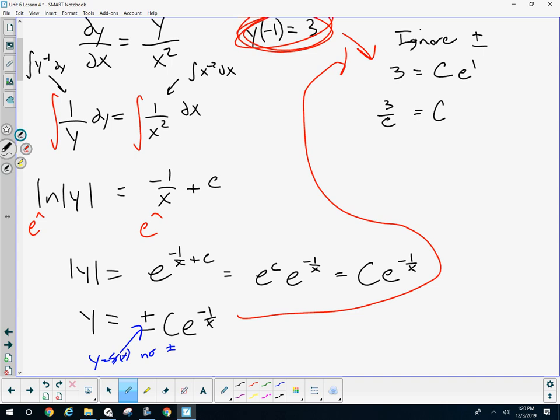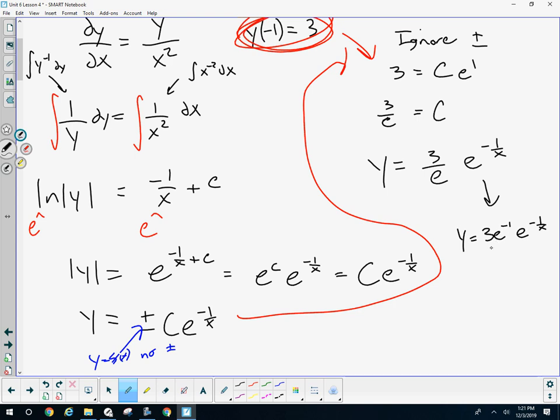giving me my solution, y equals 3 over e, e to the -1 over x. This would give you full credit, free response. This is perfect. But we need to be prepared to make this look a little bit different in case it's a multiple choice problem. Maybe we write this as 3e to the -1 times e to the -1 over x.